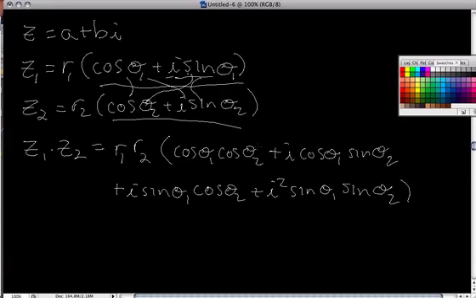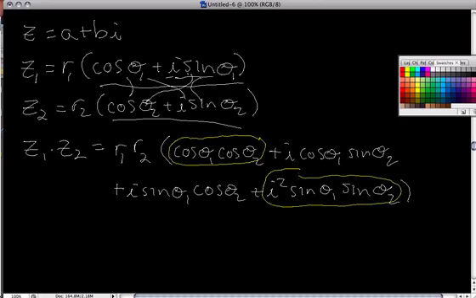Now that certainly looks like a mess right now, but there is a bit of order in there. We can see if we can consolidate some of this. I'm going to take the cosine theta sub 1 cosine theta sub 2 and the sine theta sub 1 sine theta sub 2 parts and write them together here.